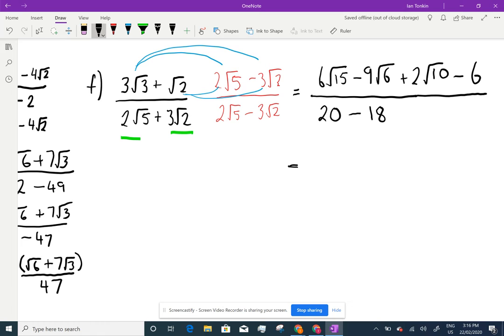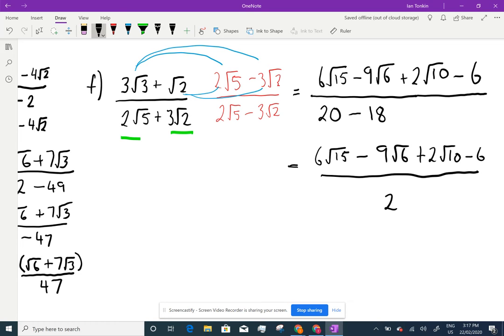Now, 6 root 15 minus 9 root 6 plus 2 root 10 minus 6 all over 2.